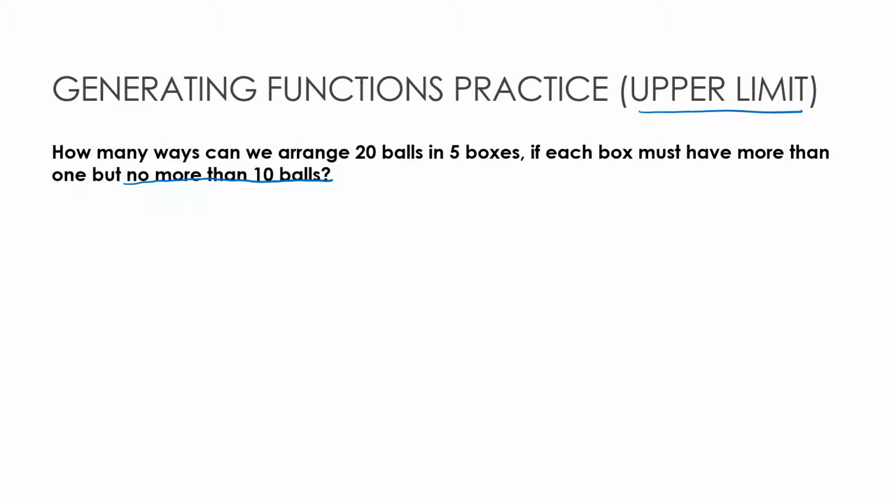Well, before I start going through the question with you, remember on the last one, we started out with x squared because it says more than 1, so that's 2 or more. And we were able to just write that as an infinite series to the fifth. The reason it was important that it was infinite is I could rewrite that as 1 over 1 minus x to the fifth once I shifted this to x to the 0.